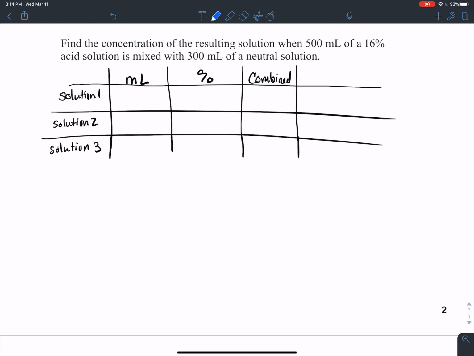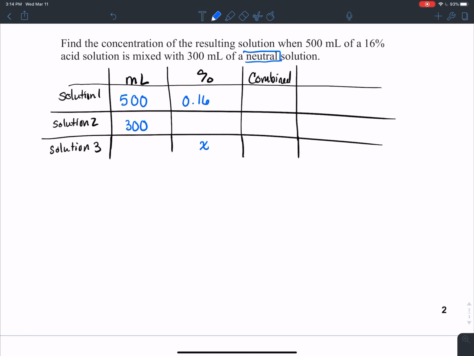If I look back at the problem, it says find the concentration of the resulting solution. So I don't know the percent of the solution I get when I mix them together. When 500 milliliters, so this is the solution that I'm mixing, of a 16% acid solution is mixed with 300 milliliters of a neutral solution.